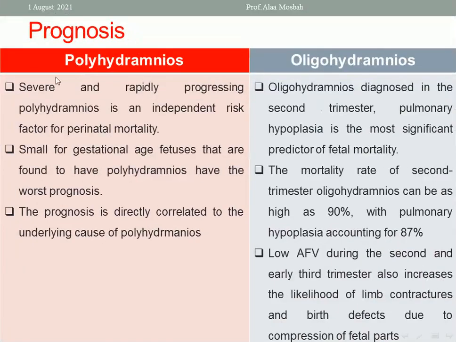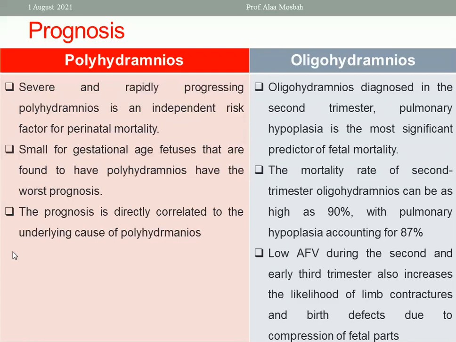Again, in the prognosis for polyhydramnios, severe and rapidly progressing polyhydramnios is an independent risk factor for perinatal mortality. Small for gestational age fetuses that are found to have polyhydramnios have the worst prognosis.